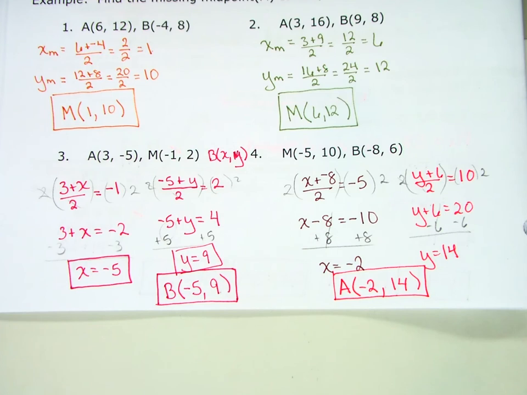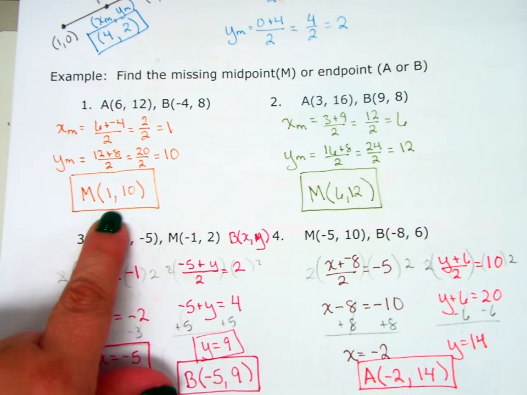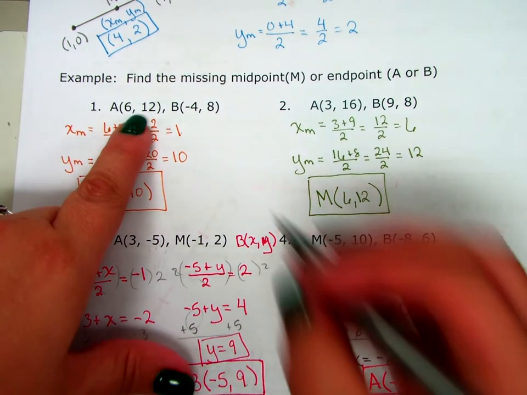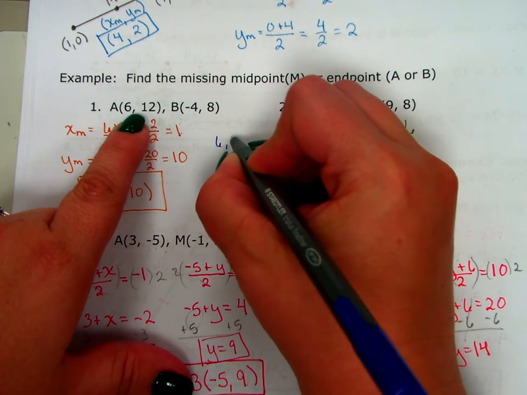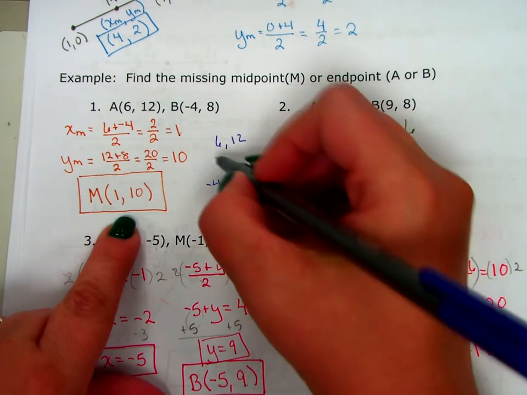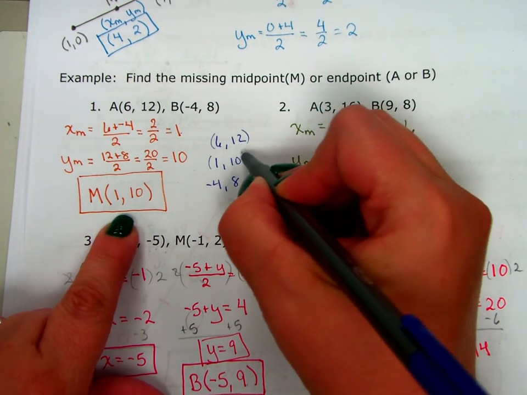Now, here's a quick way to check. And you might go, Ms. Bishop, why didn't you show us that in the first place? If M is truly a midpoint, I like to do something sometimes called the column method, where I take my two endpoints, my (6, 12) and my (-4, 8), and then put my midpoint in the middle, (1, 10), and ask, is it truly right in the middle?